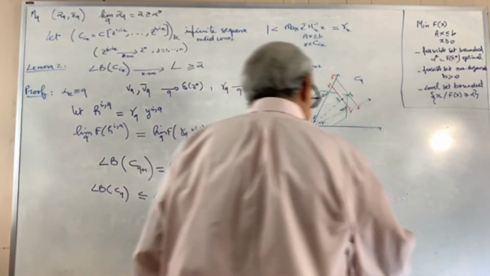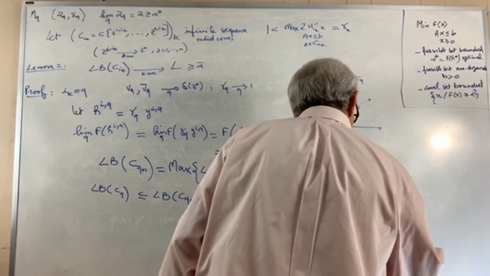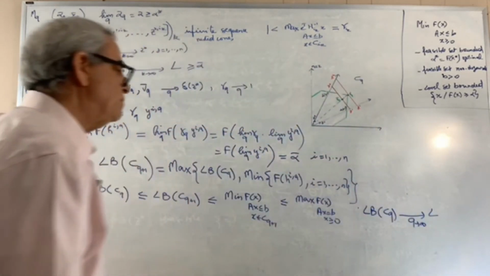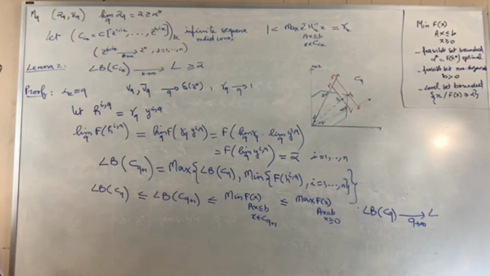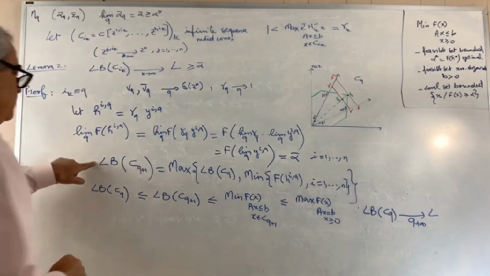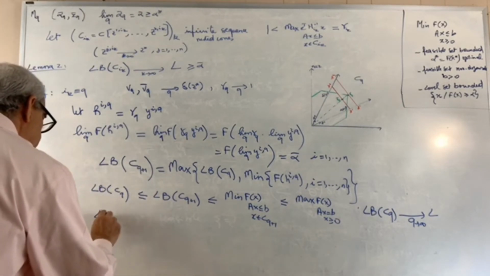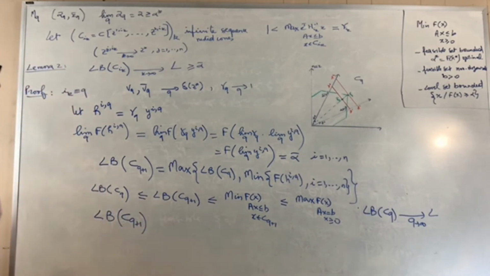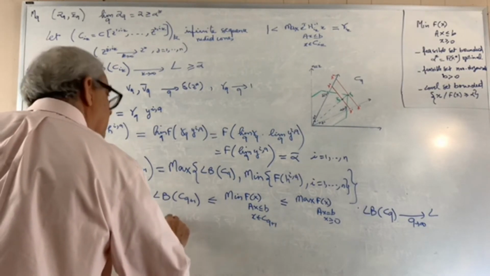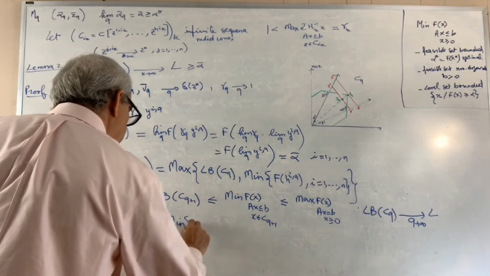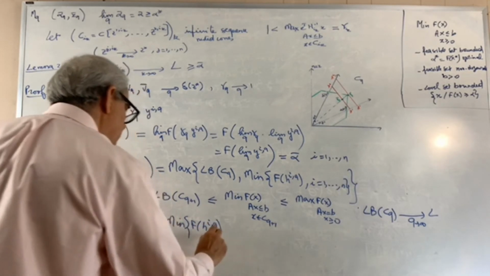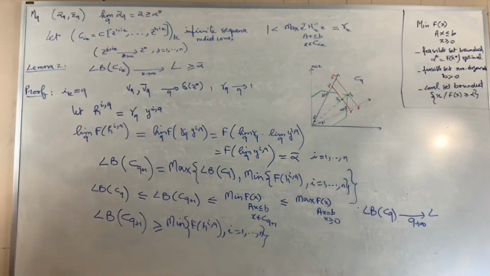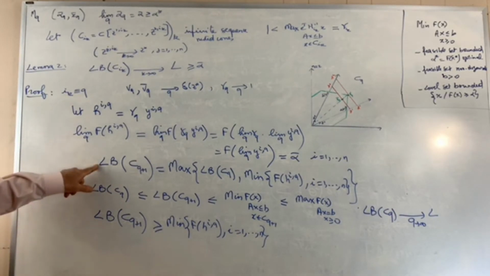And therefore, the lower bound of C_q converges, when q goes to infinity, to some number L. Also, the lower bound of C_{q+1} is greater or equal to the minimum of f of h_i^q, i equal 1 till n, just from this relation here.